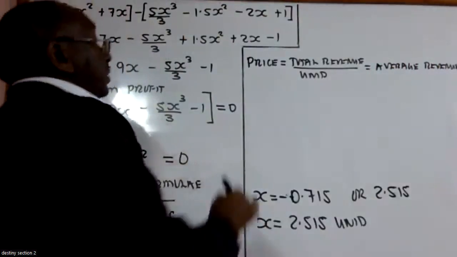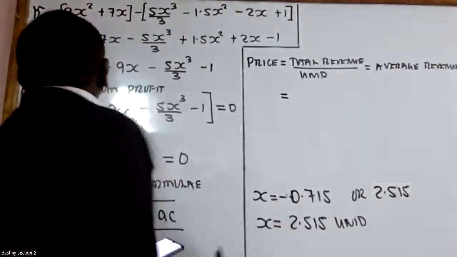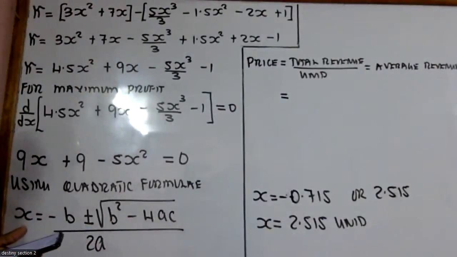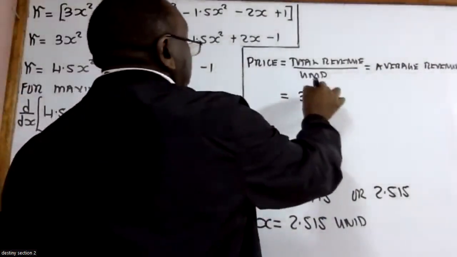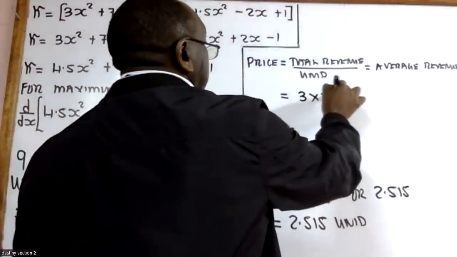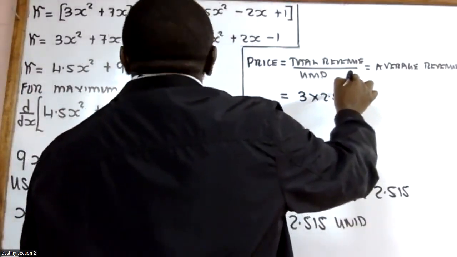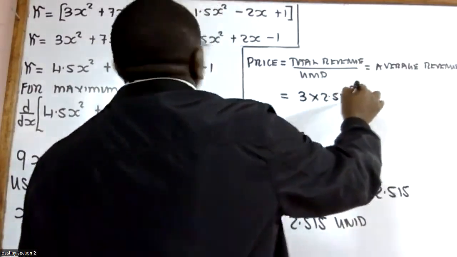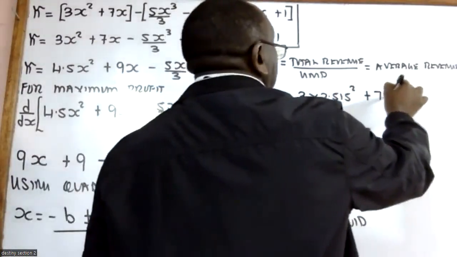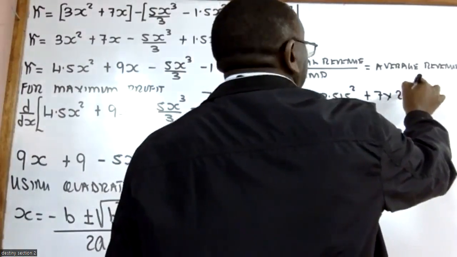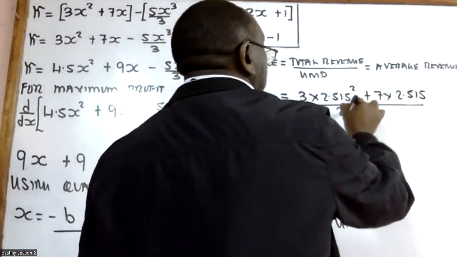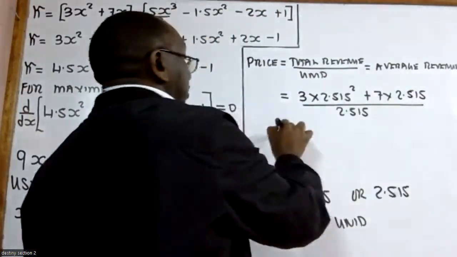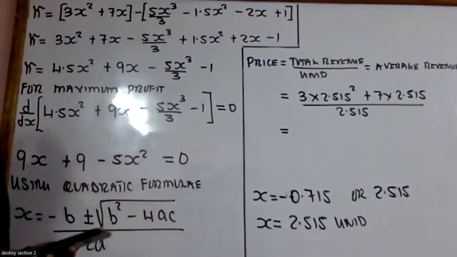So if that is the case, we already have the function for the average revenue. So you take this one, 3 times 2.515 squared plus 7 times 2.515. Now the whole of this you divide by 2.515. Those are the number of units. That is how you get the price.